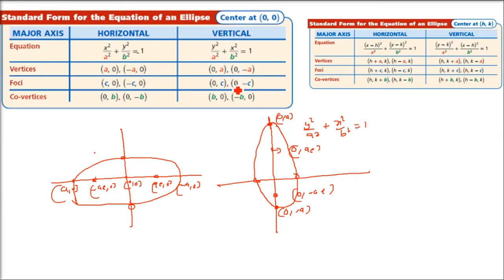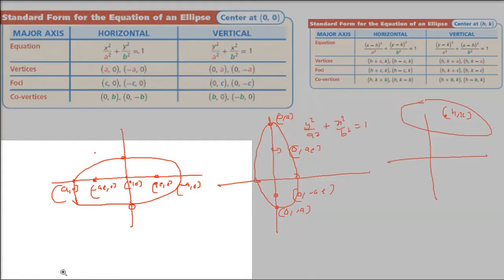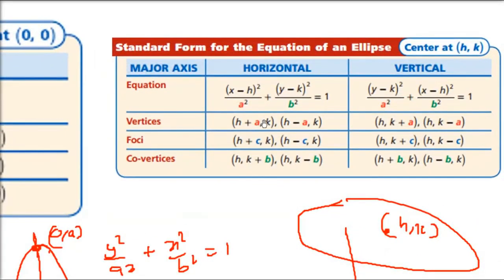There is one more thing. We always thought that the center will be at (0, 0), but that is not the case. The ellipse can be in any orientation, any direction. If the center is not (0, 0) but (h, k), we have to change our equations and results.